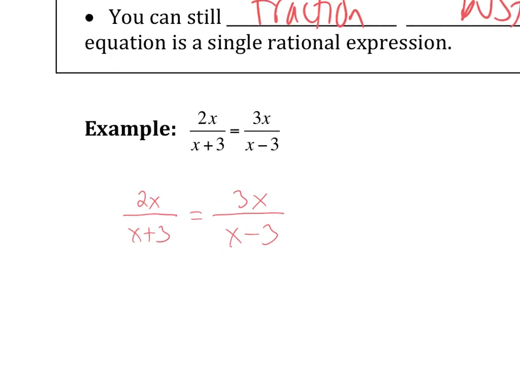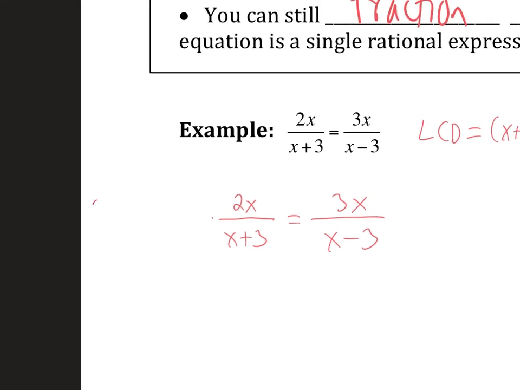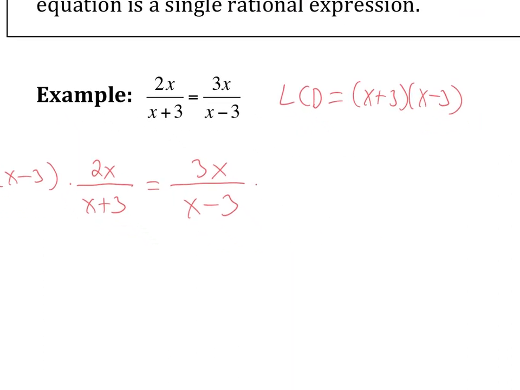All right, so we need to go ahead and find our least common denominator here, which is going to be what? Well, we have x plus 3 and x minus 3. Those are the two factors there. So we're going to multiply both sides by x plus 3, x minus 3, and over here by x plus 3 times x minus 3.